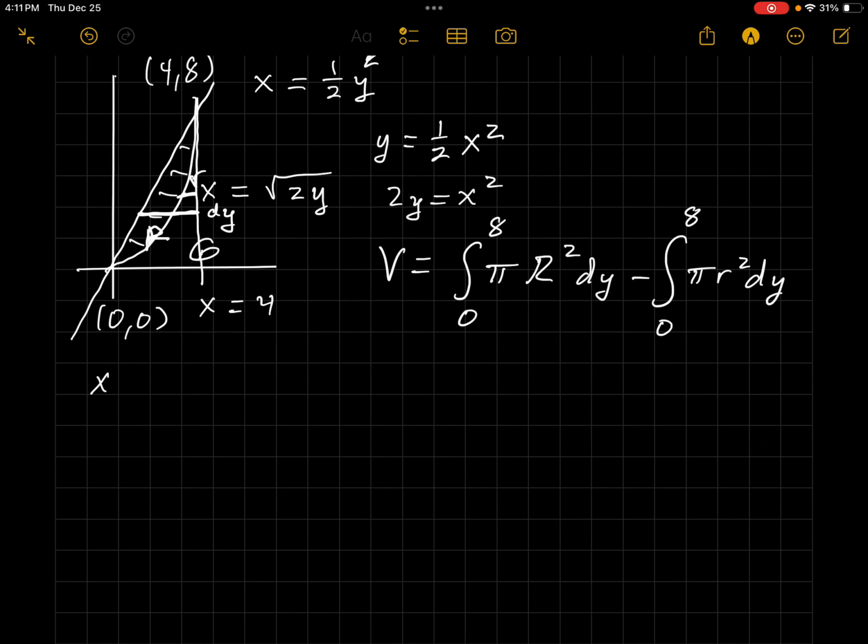So if we go about the line x equals 4, I'll write out the big radii and the little radius here. The big radius is right here, so it will be the larger x minus the smaller x.